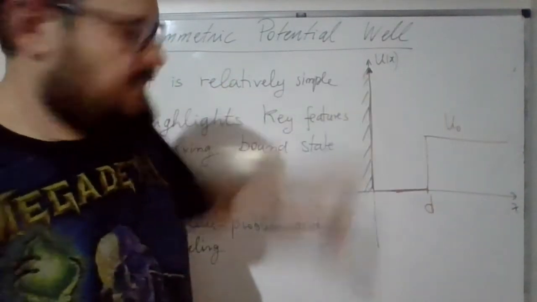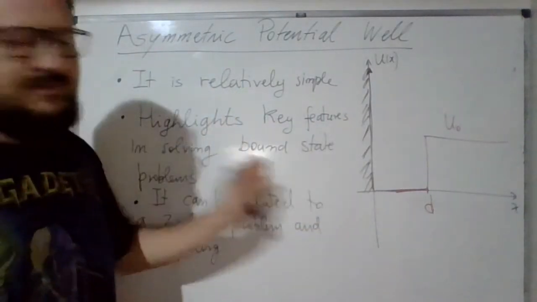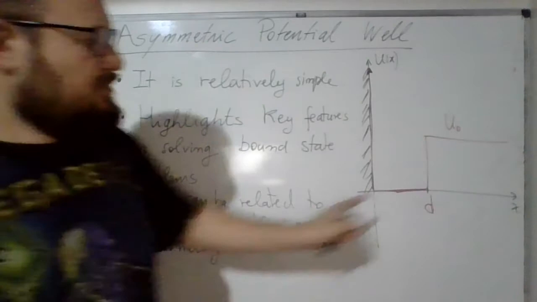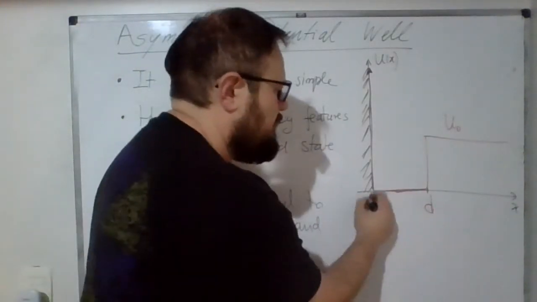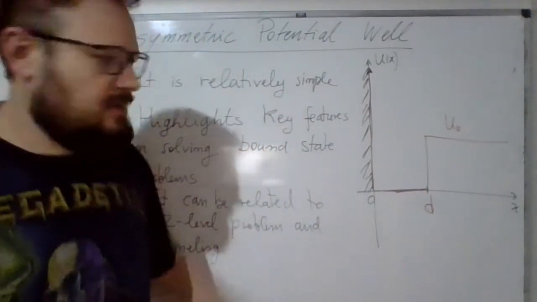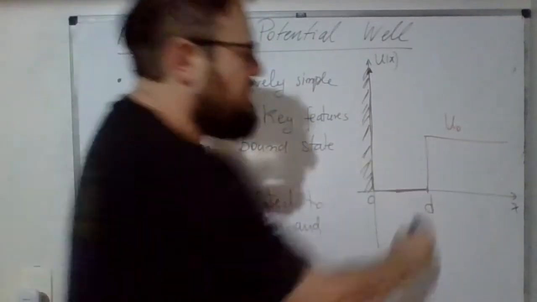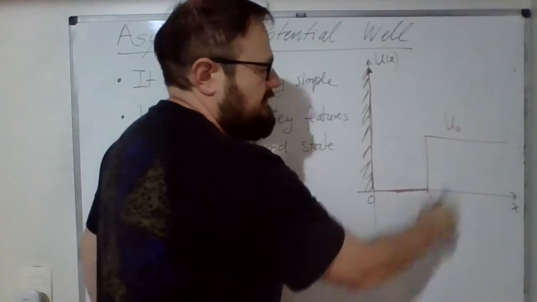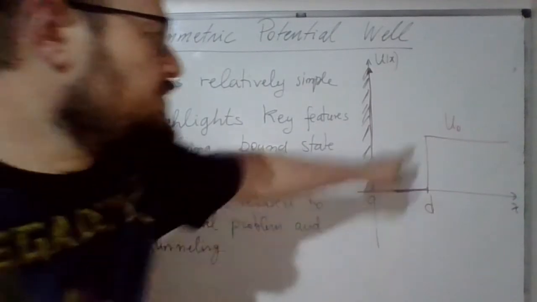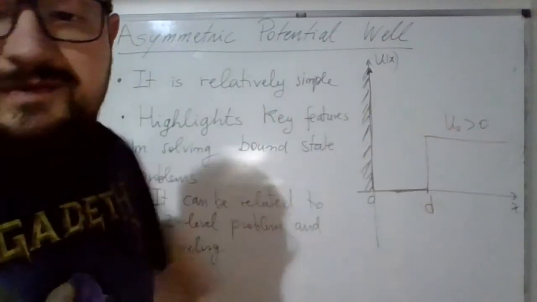In this case, we have infinite here, we have infinite in this side. For negative values of x, the potential is infinite, but from 0 to some distance d, which is the size of your potential well, you have 0 potential energy, and after this value here, the potential assumes a value U0, and this is larger than 0.